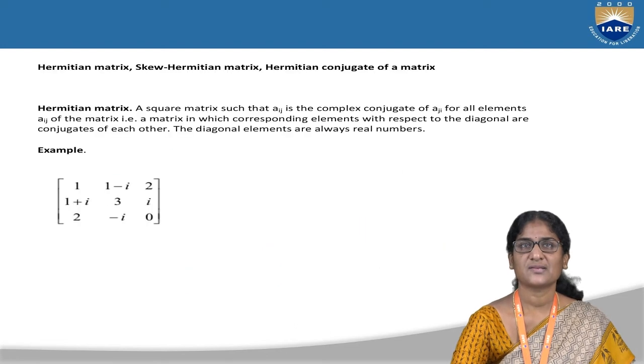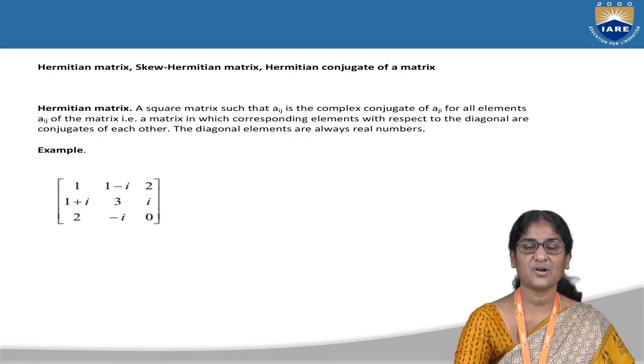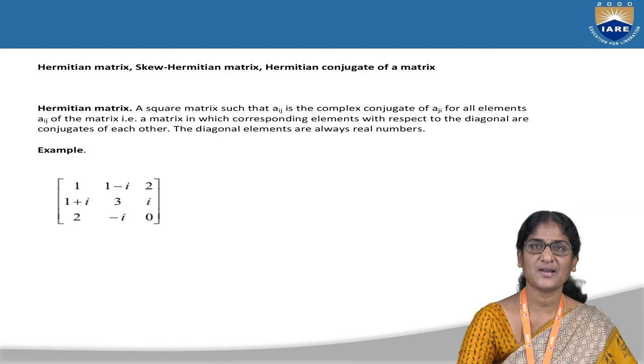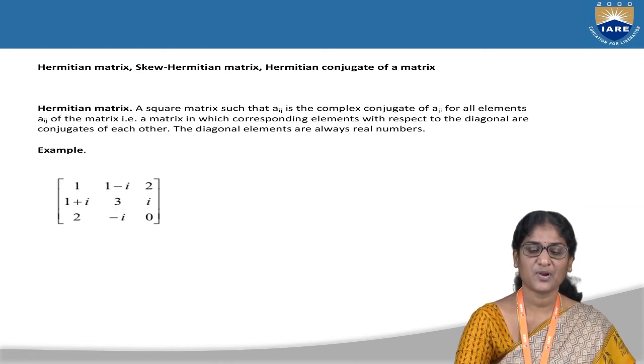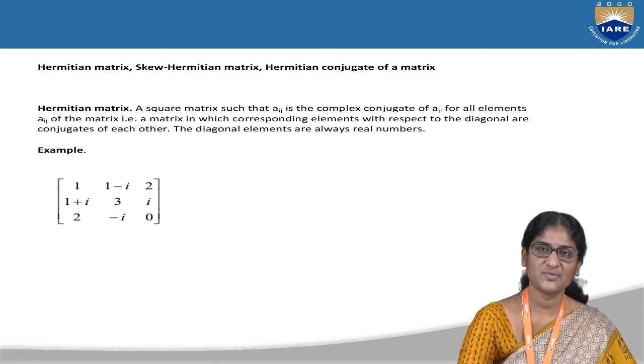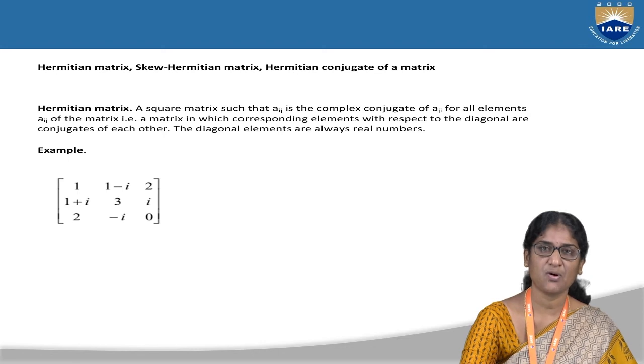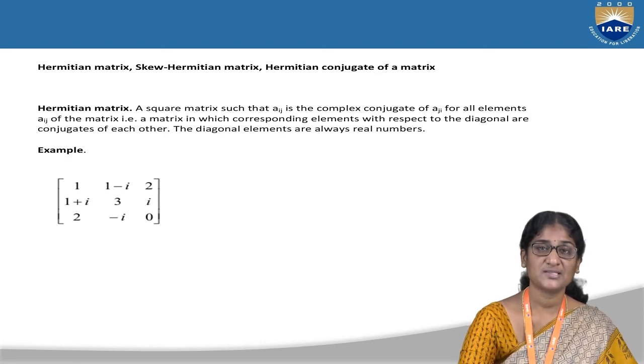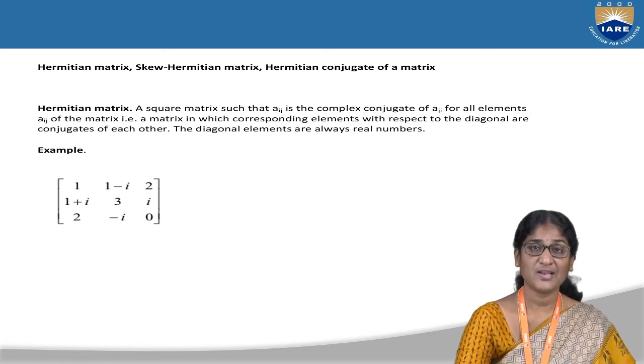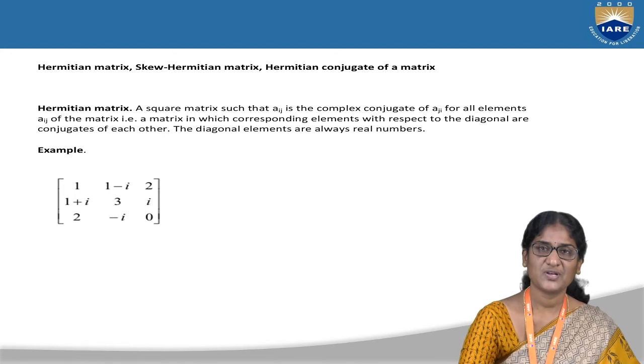Now, just as we talked about symmetric and skew-symmetric matrices, we can talk about similar properties for complex matrices, that is, Hermitian and skew-Hermitian matrices. Let us understand when a matrix is said to be Hermitian and when it is said to be skew-Hermitian.